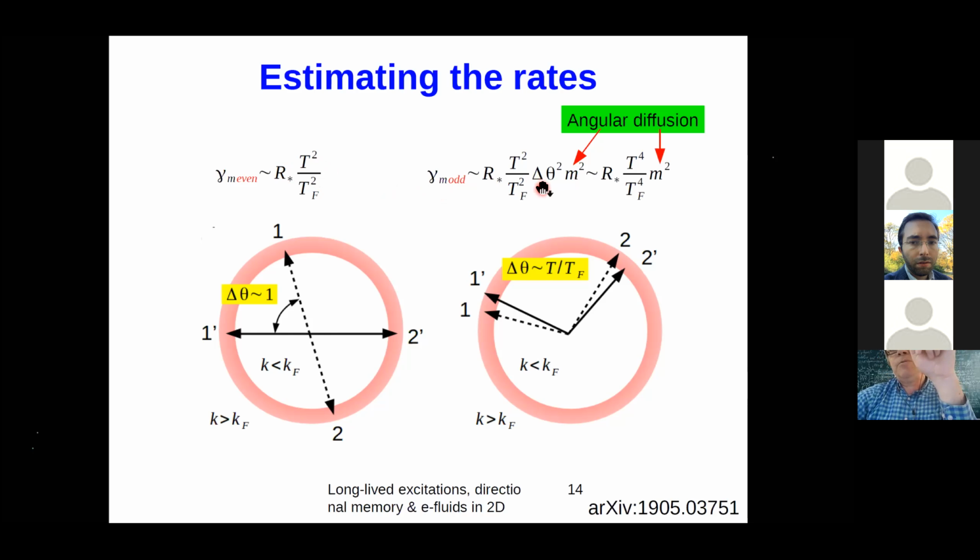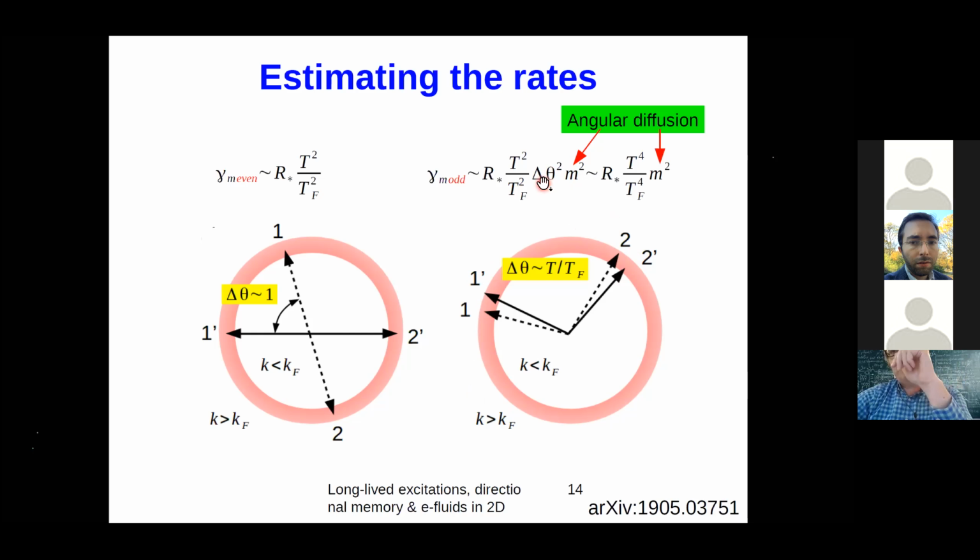So let me first present a not completely wrong, but kind of wrong calculation. If I do this analysis with small angle steps that happen in each collision, and say that the relaxation is kind of diffusion on the Fermi surface, and each step delta theta is what we estimated, k_B T over Fermi energy.